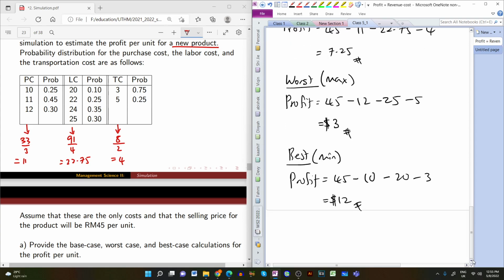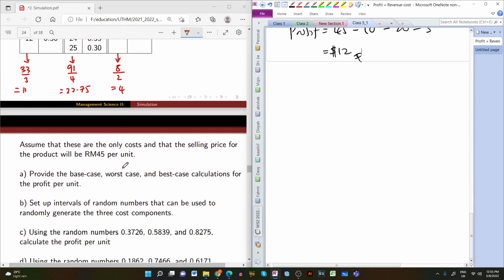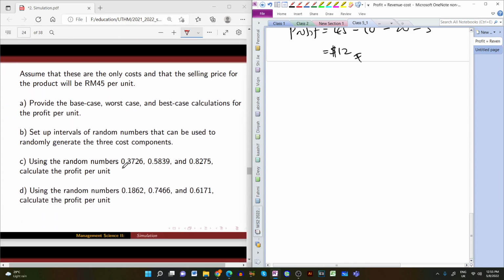Now for B, set up intervals of random numbers that can be used to randomly generate the 3 cost components. Let us set up this part cost, the probability. I'm going to do all together.